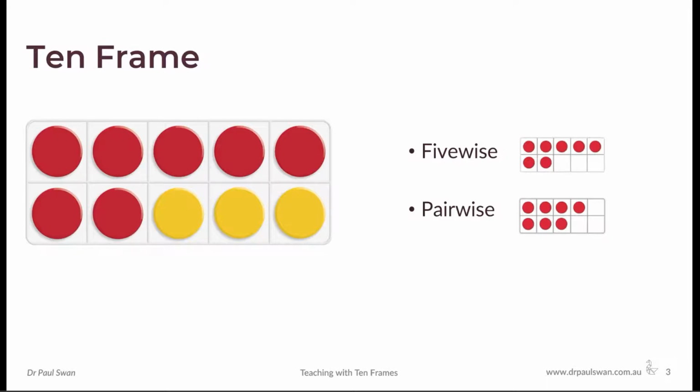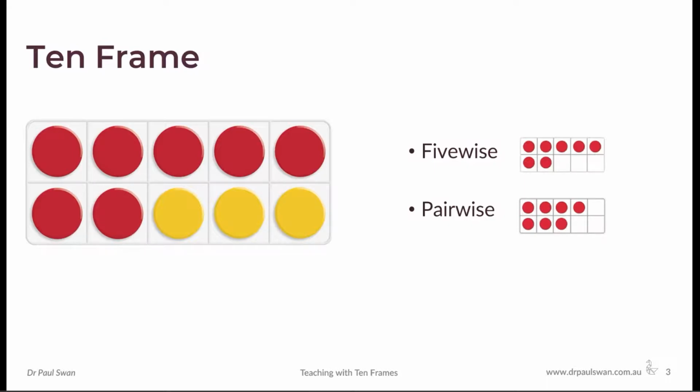Can you see how at the top we just filled? If you have a look at the top of that 10 frame, we fill the top 5 first, and then the next bit in the next deck. In fact, if we called it a double-decker bus, we'd fill the top deck of the bus from the left across, and then we get the bottom bit. In pairwise, we're filling pairwise from the left, and you see how they look a little bit different. And there's a reason for each one of those.